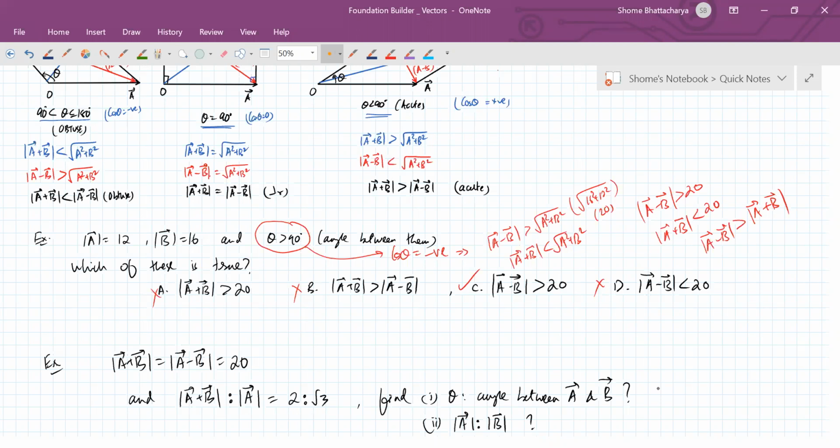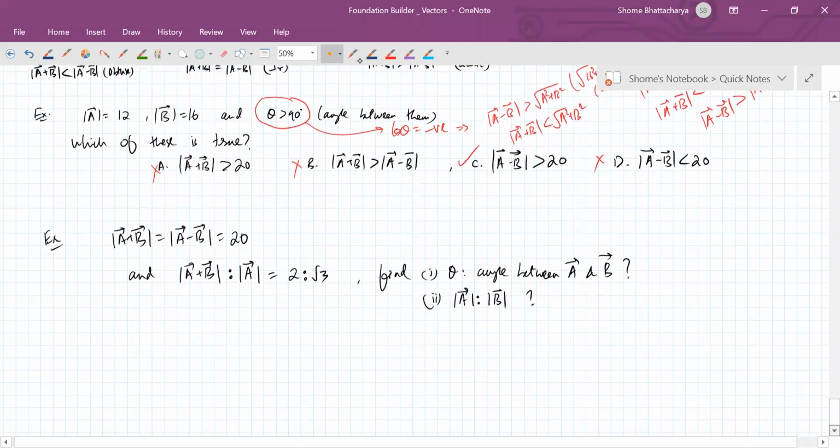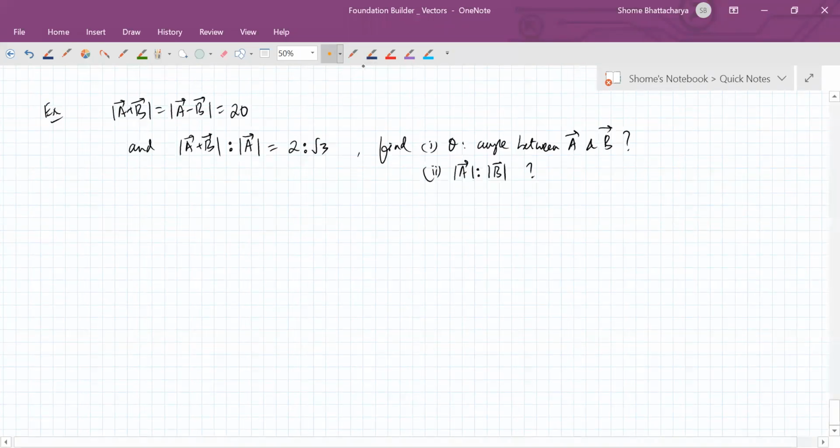Right, so people, hope you have understood the answer to this question. Yes, very good. First of all, if you are able to just visualize your parallelogram, then it's very simple. You don't have to apply any formula. For the first part, mod of a plus b is equal to mod of a minus b.